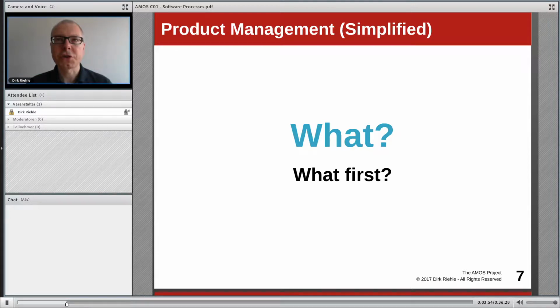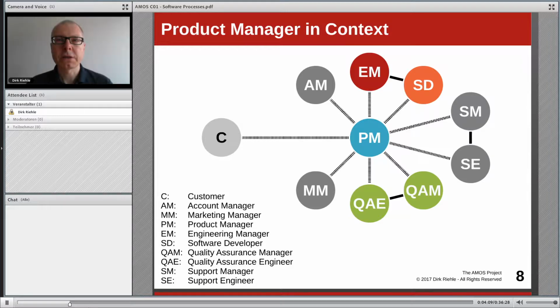Simplifying, a product manager's job is to answer the question what needs to be developed, and then also in what order. So what is of highest priority, what needs to be developed first, what needs to be developed second. And as you can see, a product manager is a highly communicative person.